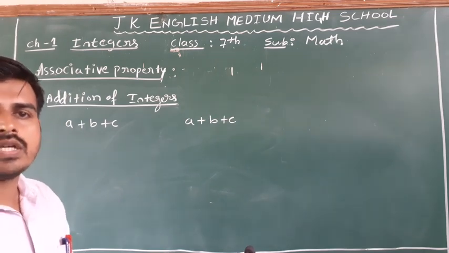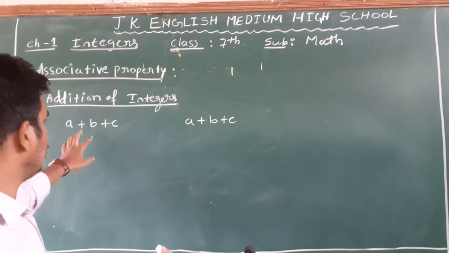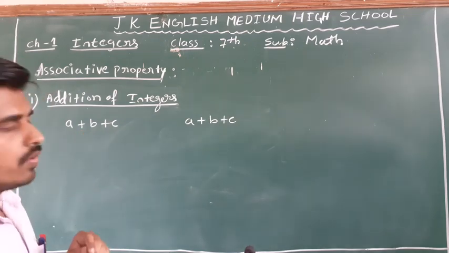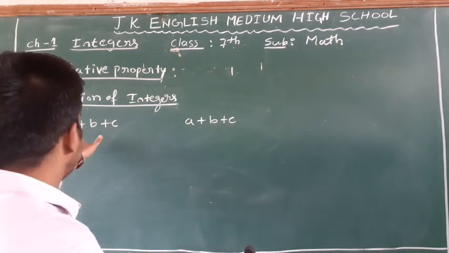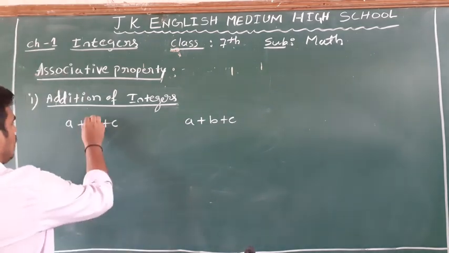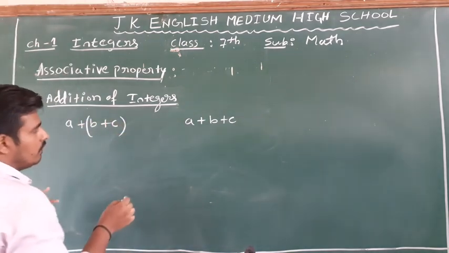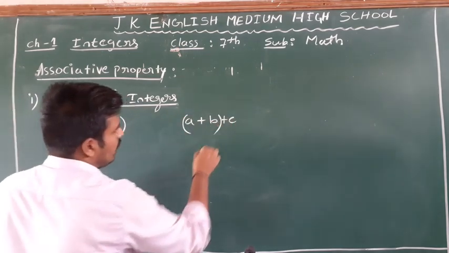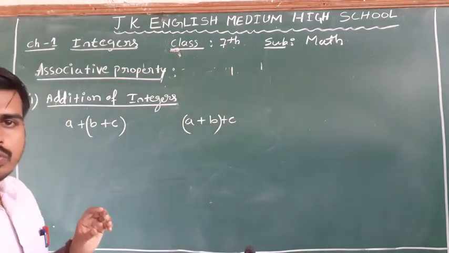If we use two integers, we don't have another number, therefore we have to use three or more. So now A plus B plus C. Here we will make B plus C one group, here we will make A and B one group. Now we have to put some values.